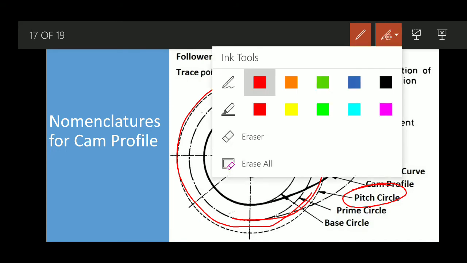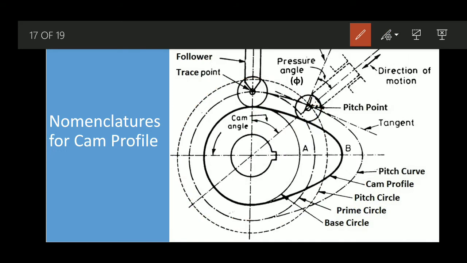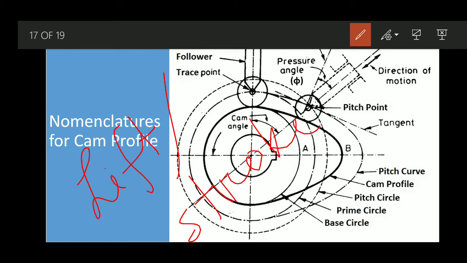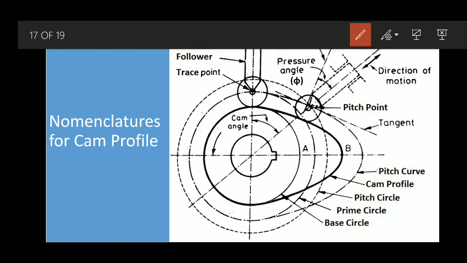Then we can discuss the lift, also known as stroke. What is lift or stroke? We have already discussed this, but we will discuss it again. This lift or stroke is nothing but the maximum travel of the follower from its lowest position to the topmost position.